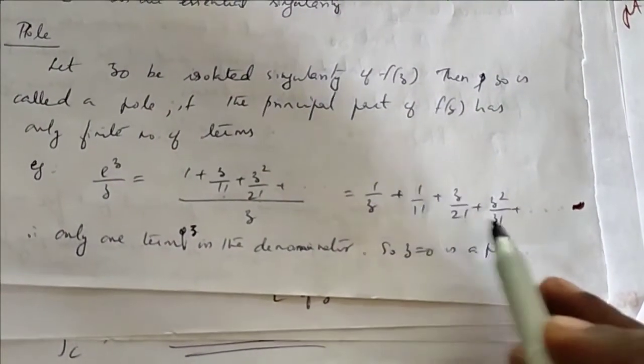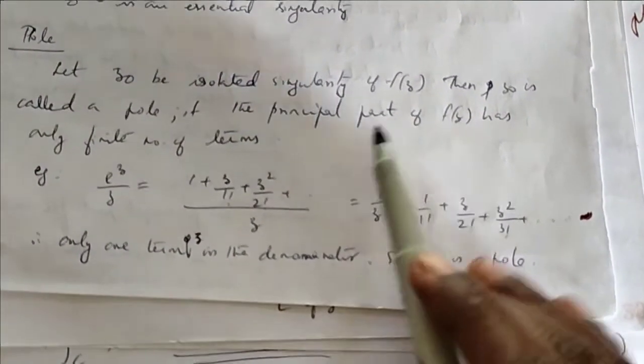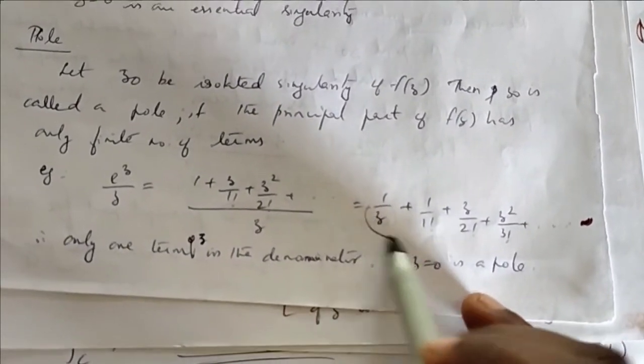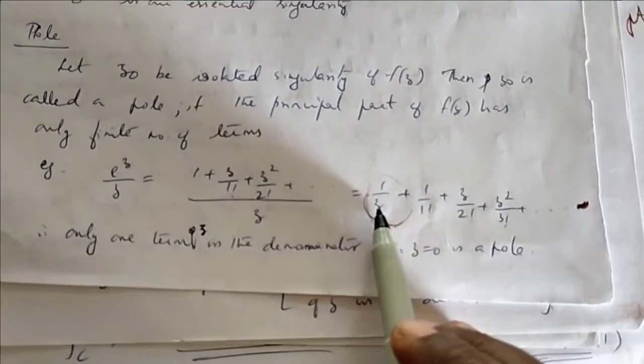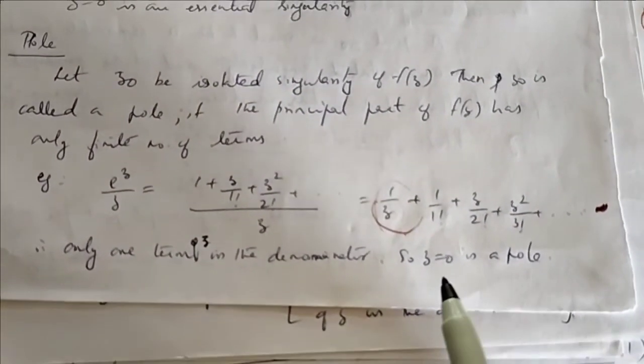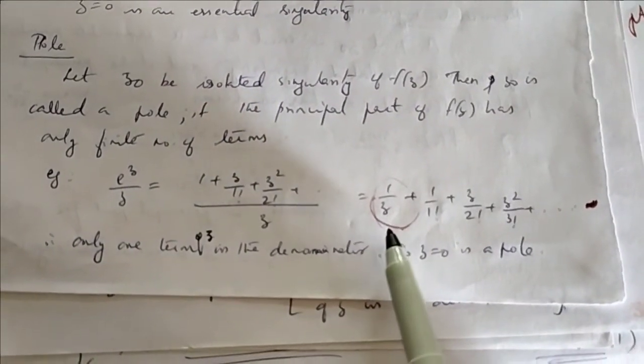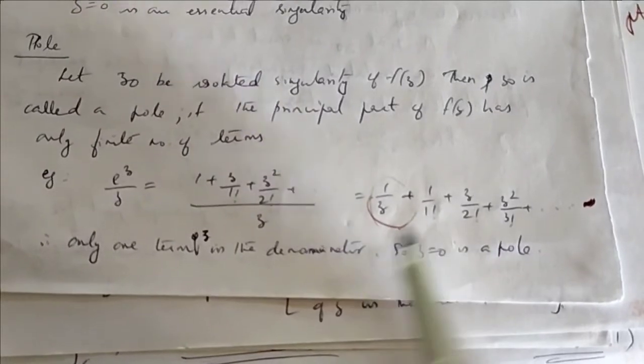So how many terms are in the denominator? That is the principal part. Only one term in the denominator, 1 by z only. So z is equal to 0 is a singularity which is called a pole. If there is a limited number of terms in the denominator of the expansion, then it is called a pole.